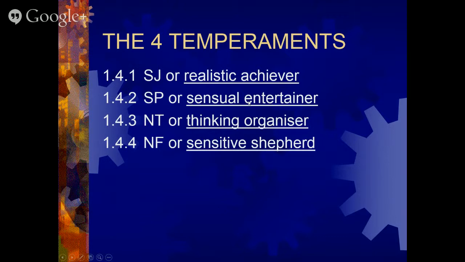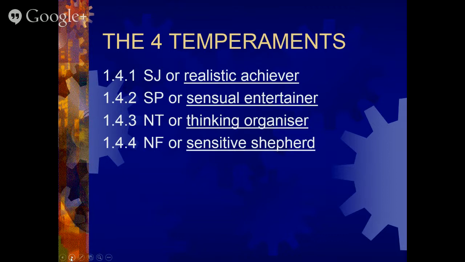They are the sensual entertainer. The NT is the person who operates by intuition and thinking. So they are a thinking organizer. The NF is the person who operates by their, again, intuition, but their feelings are more important than their thinking. And so this is the person we could call a sensitive shepherd in the workplace.